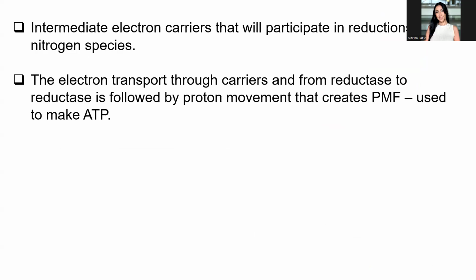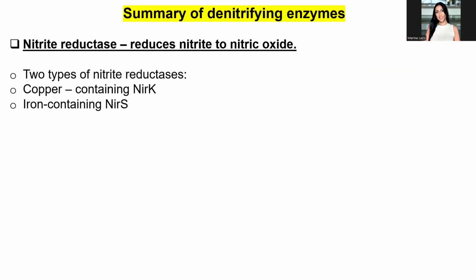In summary of these denitrification enzymes: nitrate reductase and nitrite reductase, so every time it will be a reductase. Nitrite reductase reduces nitrite to nitric oxide. There are two types, copper and iron, NirK and NirS.